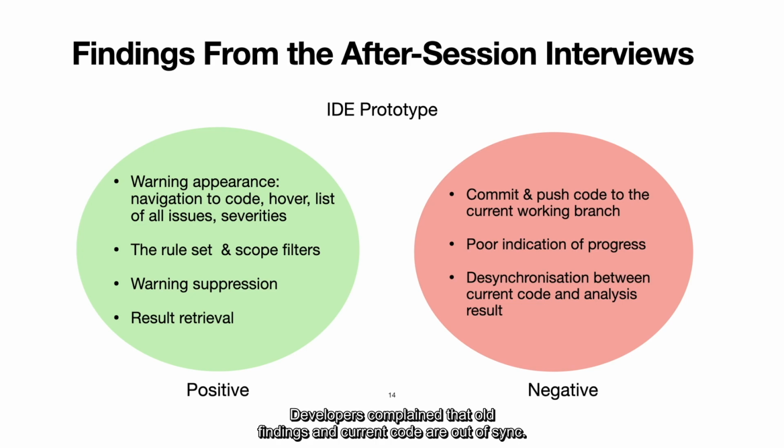Developers complain that old findings and the current code are out of sync. This indicates developers need clear visual cues to understand when the analysis is running and if findings are outdated.